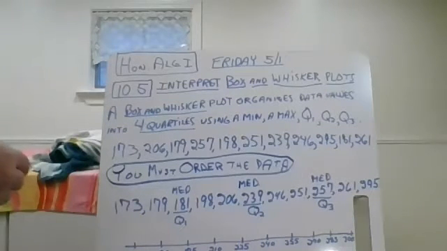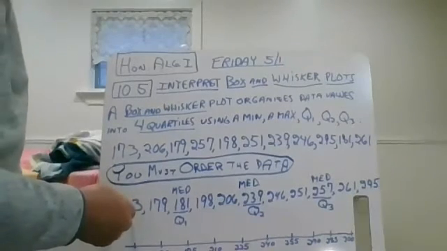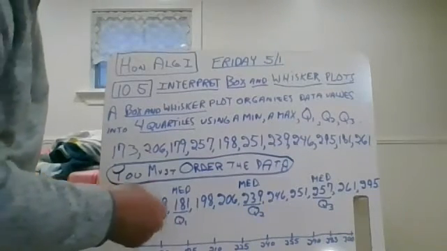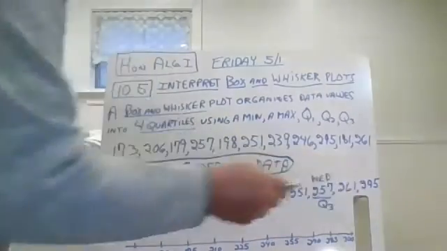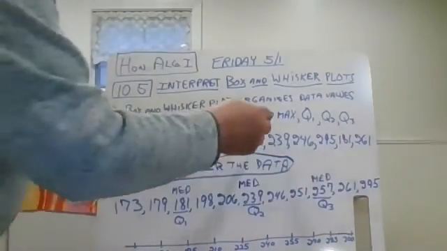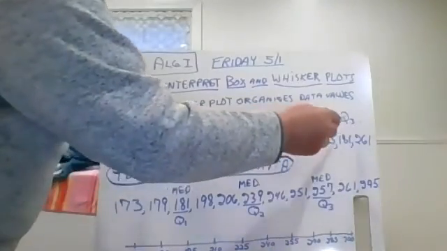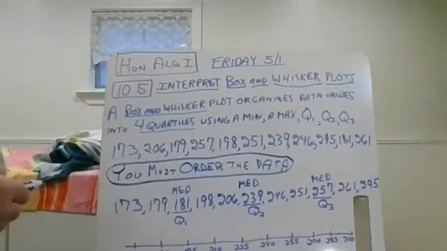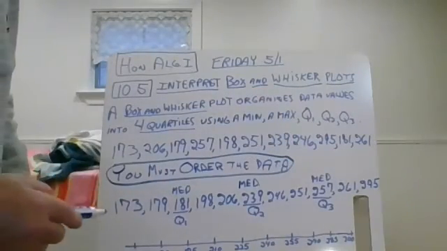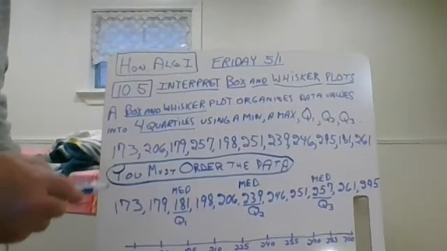And those are Q sub 1, Q sub 2, and Q sub 3. And you have a min, 173, and a max, 295. And that's what I set up here, a min, a max, and Q1, 2, and 3. Those are the 5 values that are going to create the box and whisker plot.